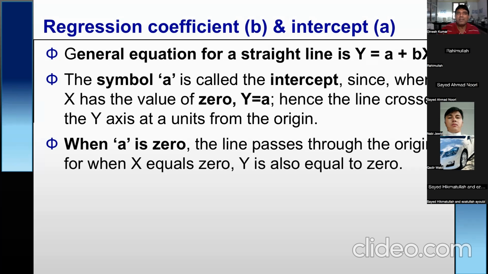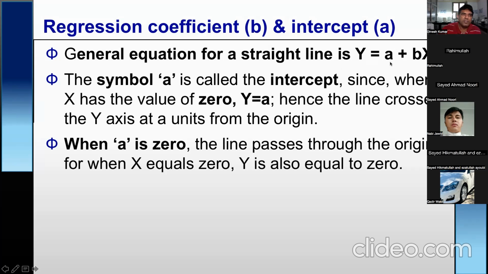You need not measure the distances or do that much. But if you can find the values of a and b, then you can put those values here and develop the equation. So the symbol a is called the intercept. Here y is equal to a plus bx, a is the intercept. Intercept means the value of y when x is 0, or when x is the control.